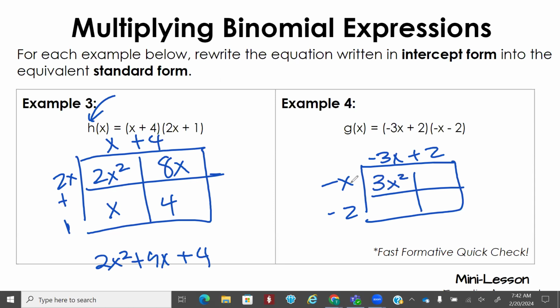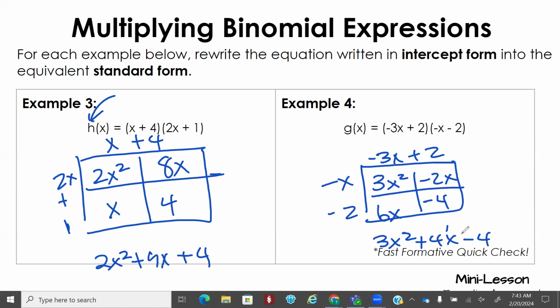We get -x times 2. That's going to give me -2x. -2 times -3x is going to give us 6x. And -2 times 2 is going to give us -4. When we combine everything on the inside, we're going to get 3x squared plus 4x minus 4.